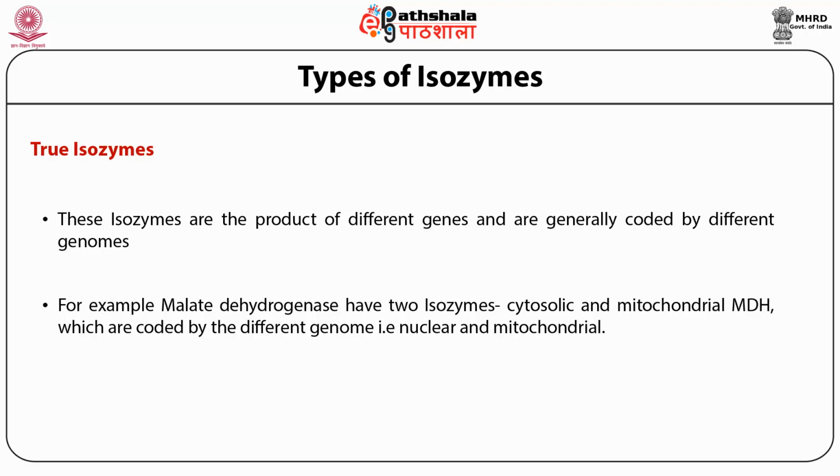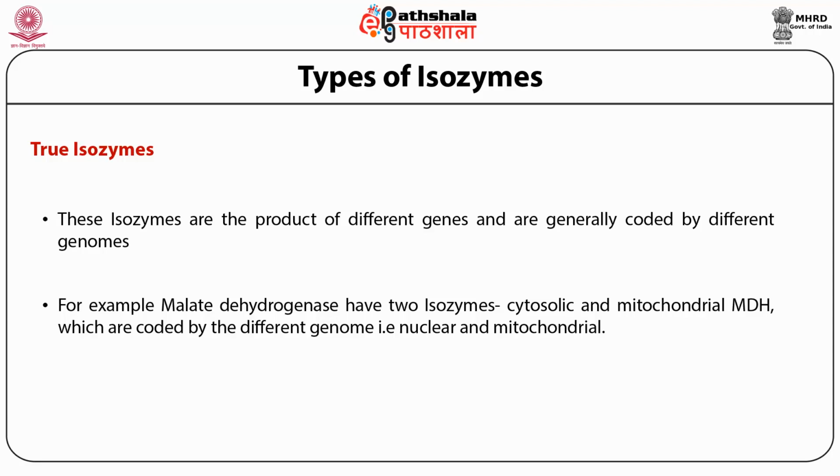One is cytosolic malate dehydrogenase, another is mitochondrial malate dehydrogenase. Both are involved in interconversion of malate and oxaloacetate, but they are coded by different genomes.